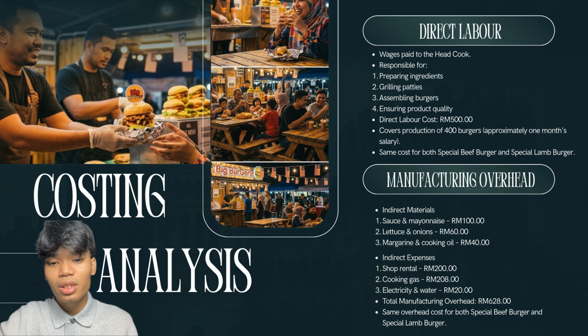The indirect expenses include shop rental costing 200 Malaysian ringgits, cooking gas costing 280 Malaysian ringgits, and electricity and water costing 20 Malaysian ringgits. Overall, the total manufacturing overhead cost is 628 Malaysian ringgits, and this cost is shared between both burger products.